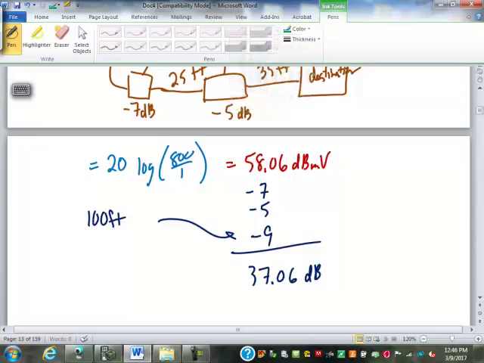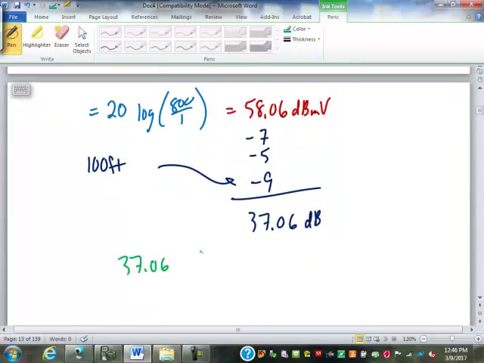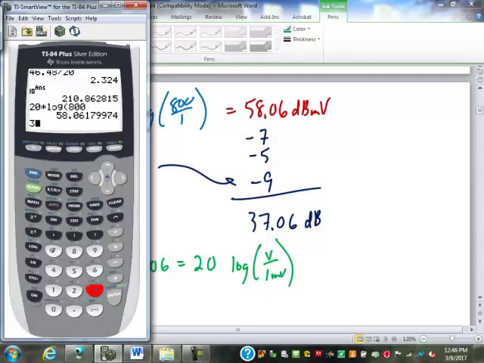So then at the set, 37.06 equals 20 log of our voltage over 1 millivolt. So I'm going to take 37.06, divide by 20, then 10 to the power of.